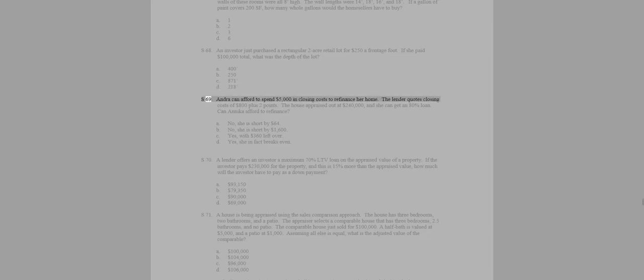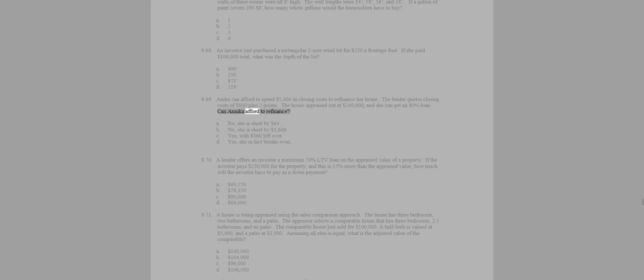S69. Andra can afford to spend $5,000 in closing costs to refinance her home. The lender quotes closing costs of $800 plus 2 points. The house appraised out at $240,000, and she can get an 80% loan.